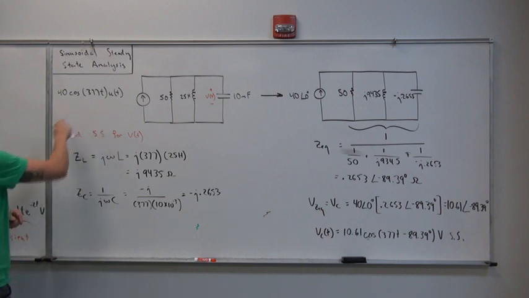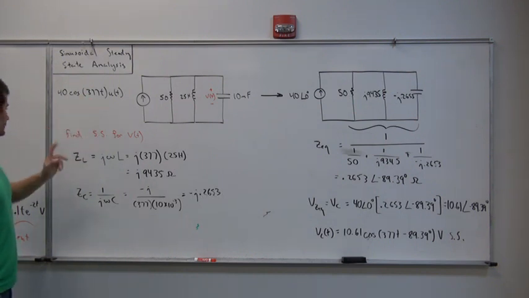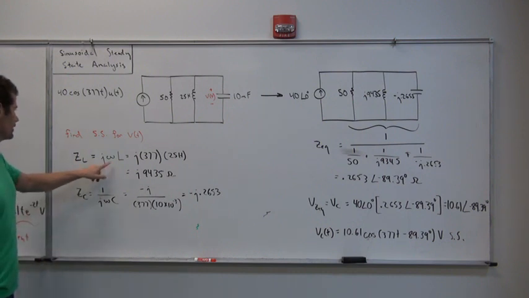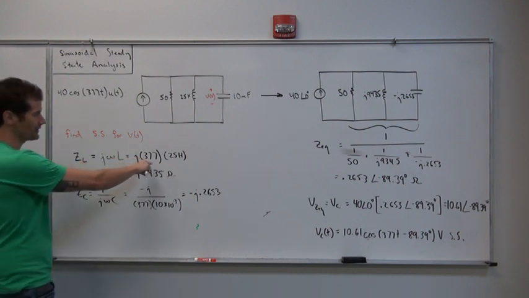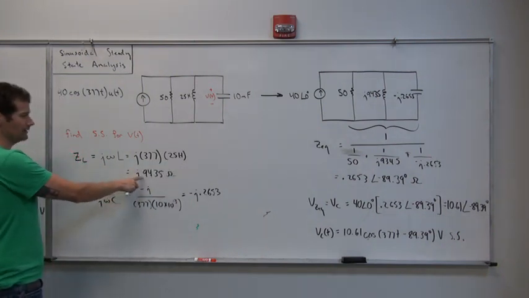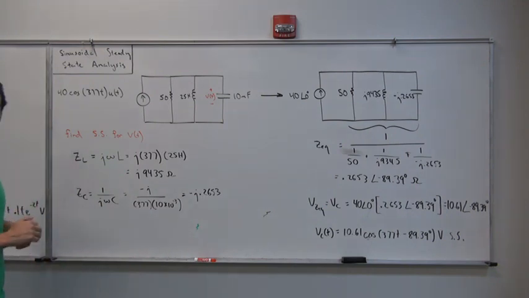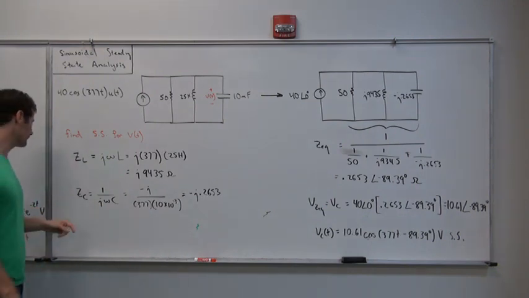For cosine of 377t, the phase angle is 0, but we can use omega to find Z_L and Z_C. Z_L is equal to j omega L, which is j377 times 25 henries, giving us j9425 ohms. This is all in ohms now because we're utilizing impedance.